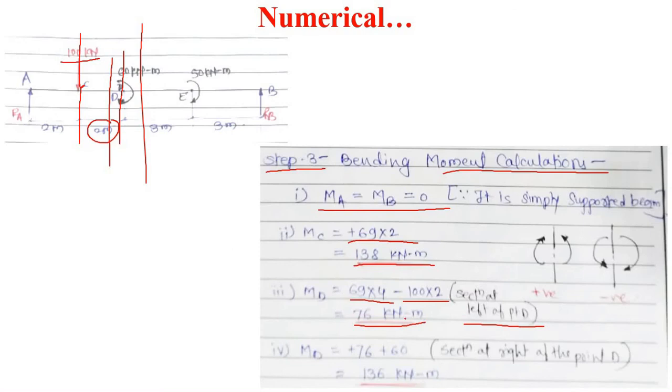This 76 plus this 60 kilonewton is in the clockwise direction at point D. So it will become 136 kilonewton meter when we take a section just at the right of point D.